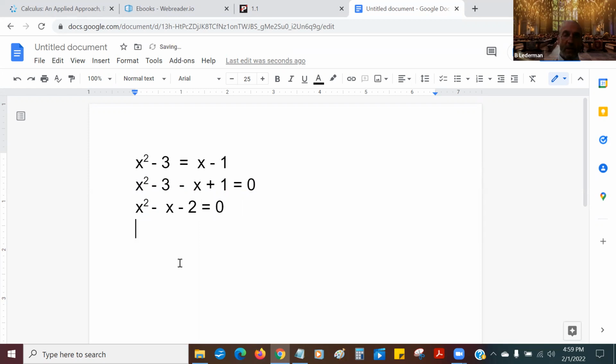This is easy to factor: it's x minus 2 times x plus 1. So the solutions are x equals 2 and -1.